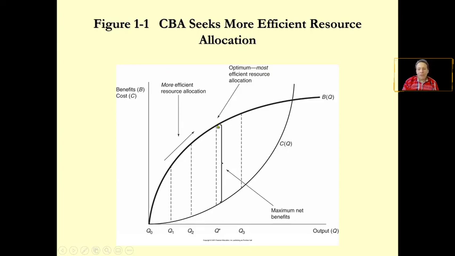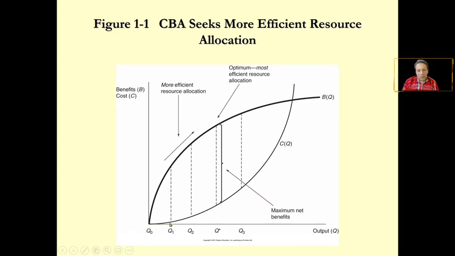From this point, the resource allocation is going to be less efficient. Yes. And in this point, the more we increase the quantity, the resource allocation is going to be less and less efficient. The same happened with the costs.